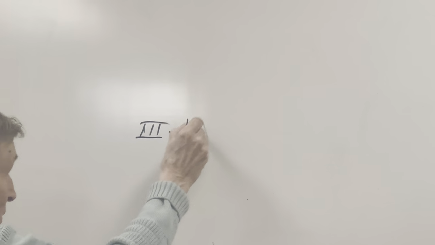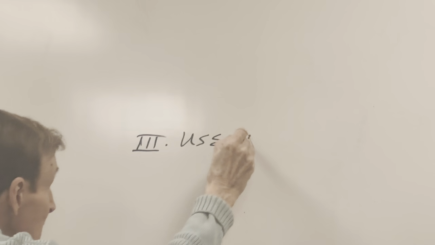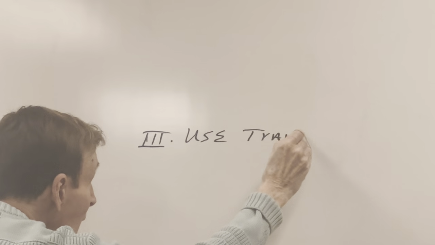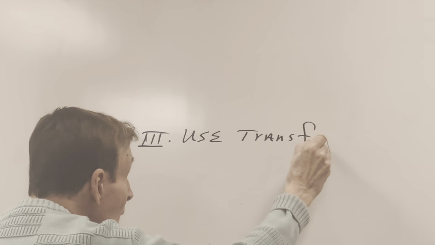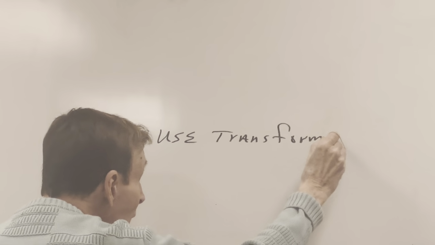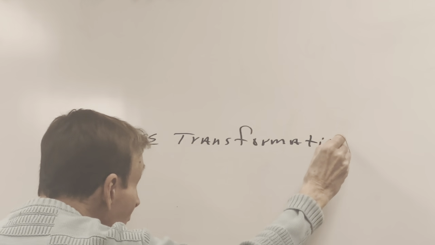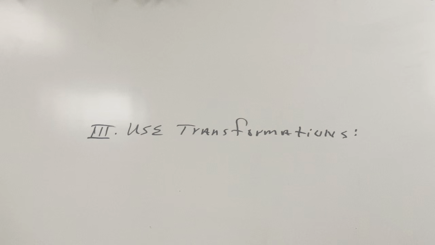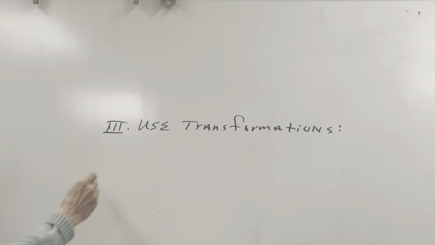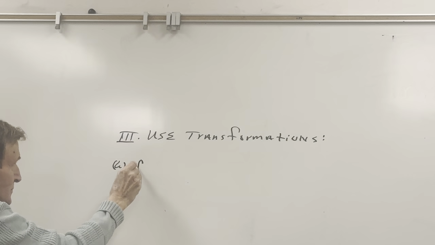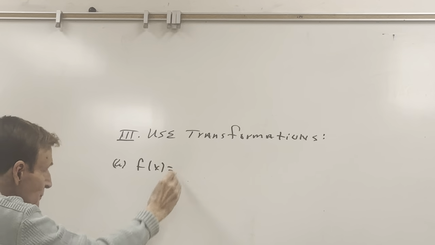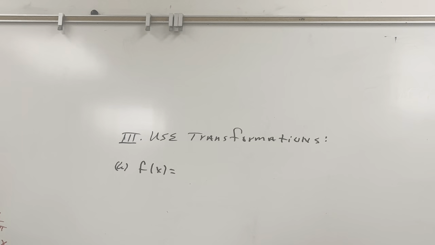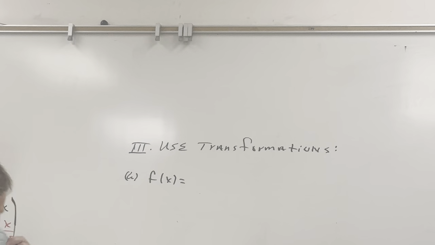Okay, let's put it like this. Use transformations so we don't have to write so much. Use transformations to sketch this. Here we go. This is going to be a function. And I have mine written like, if I can find it here, beautiful.